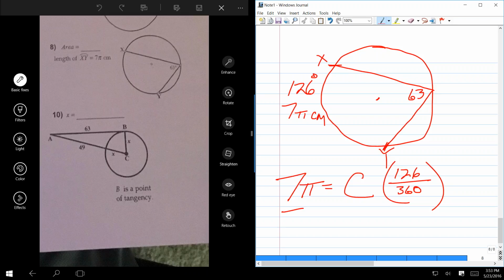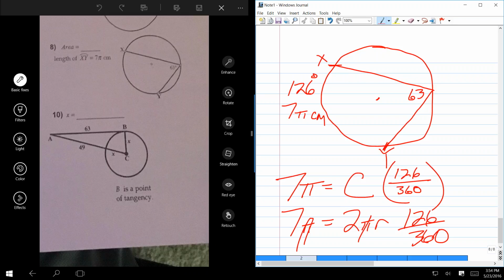Now I can say 7 pi equals the circumference, which we know to be 2 pi r, times 126 over 360. Cancel out the pi's. There's only one variable in that, r, so we're going to be able to solve for r. Once you solve for radius, now area is pi r squared.